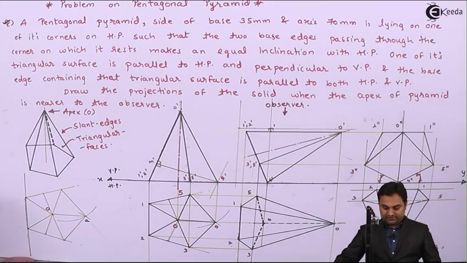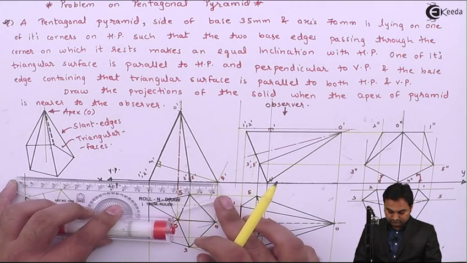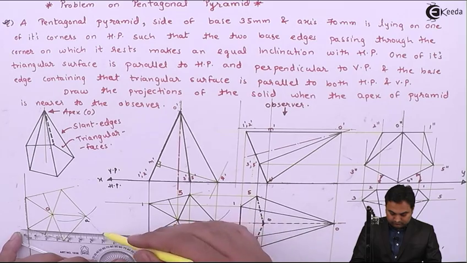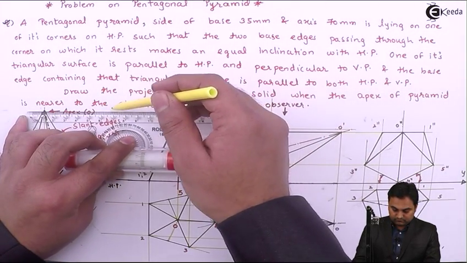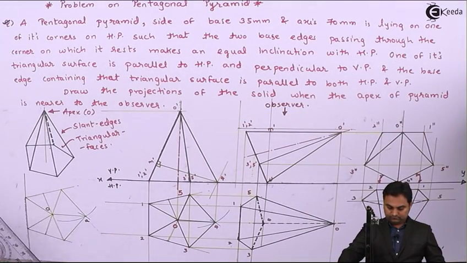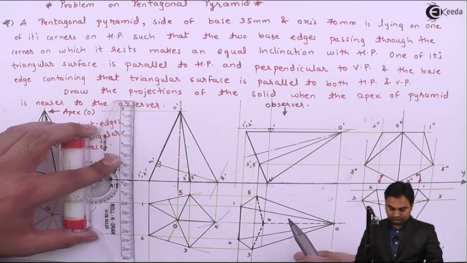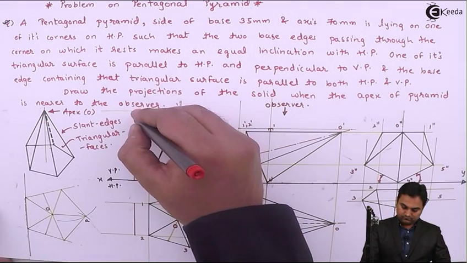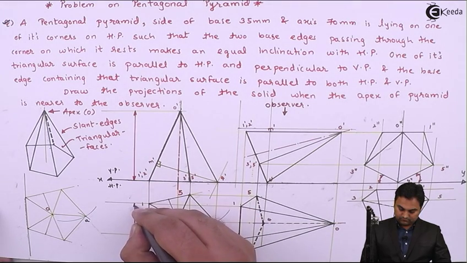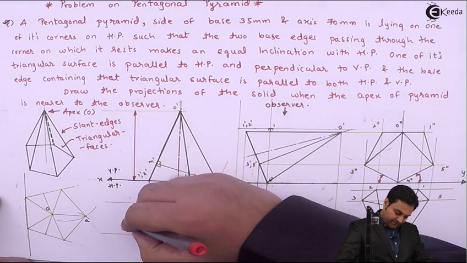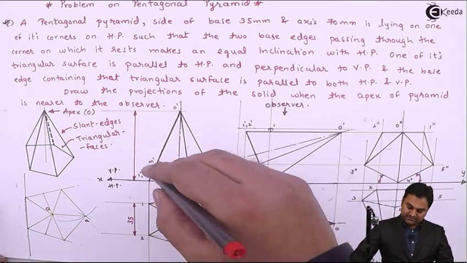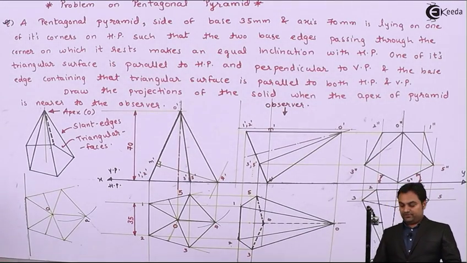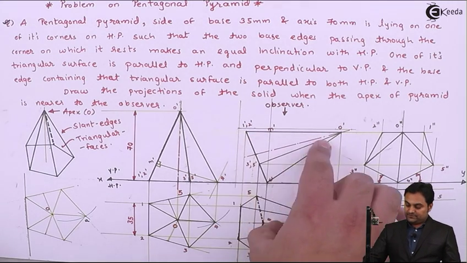So here I'll give the dimensioning to it. The base edge is 35 mm, axis height 70 mm, and here in the first condition it was mentioned that the triangular face is parallel to HP.